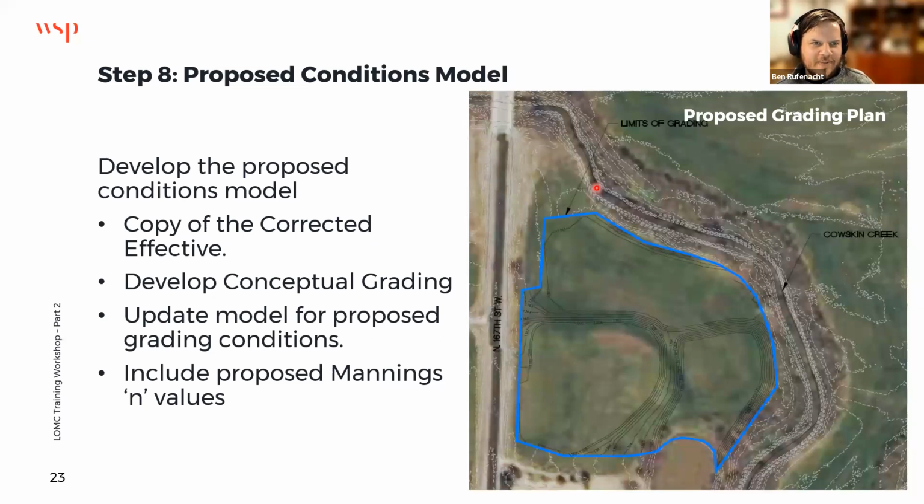All right, next step is to develop the proposed condition model. So here we need our grading plan, how we're going to change the elevations on our site. And we're going to make a copy of that corrected effective model.